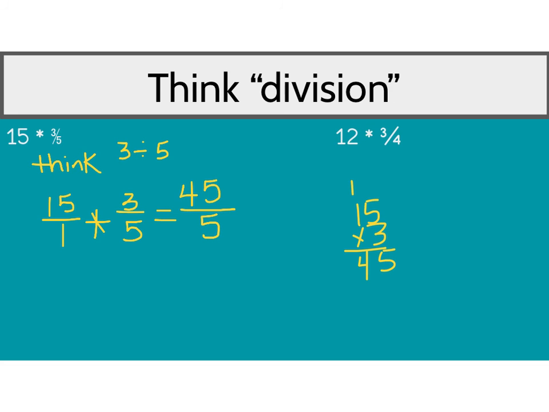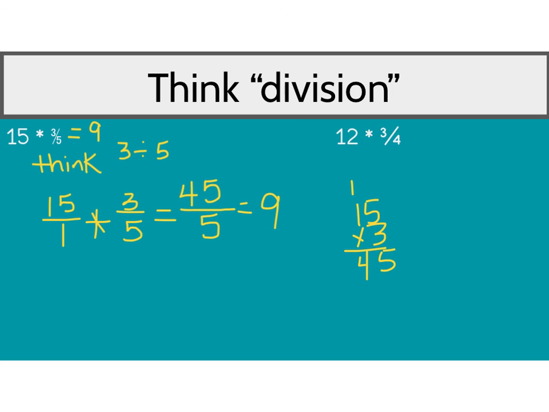So you're basically going to think 45/5 is the same as 45 divided by 5, which then gives us 9. So 15 times 3/5 is equal to 9 because we're thinking division.